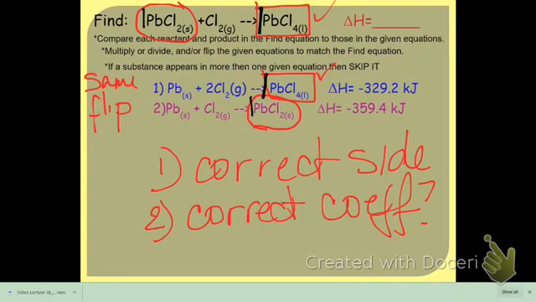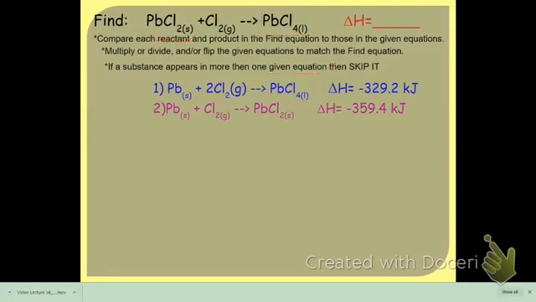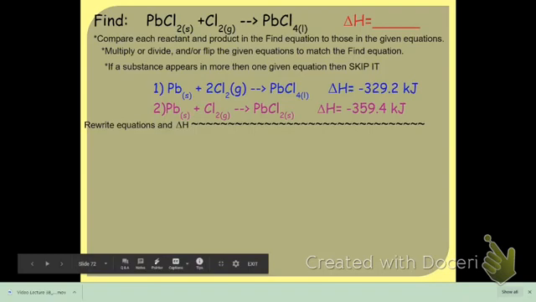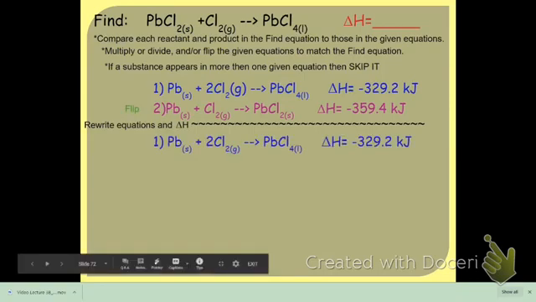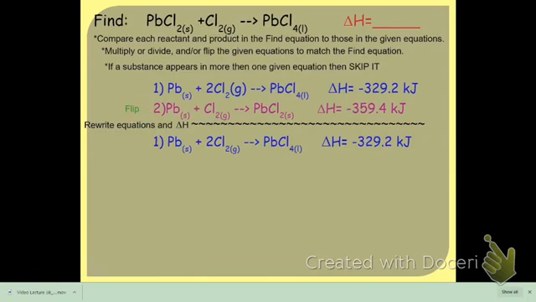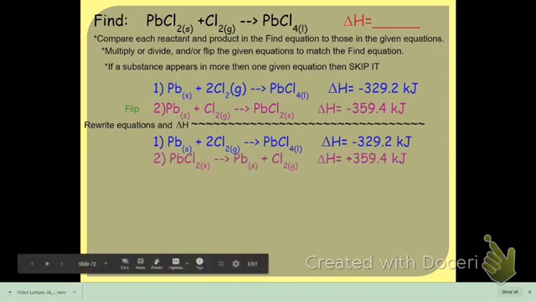Okay, now this is what we've done. Now let's confirm ourselves by going through the PowerPoint. When it's rewritten, we find that the first one stays the same, but the second one, see right here, even they agree with us, it has to be flipped. So the second one gets flipped entirely.